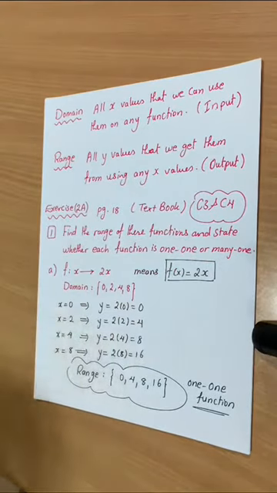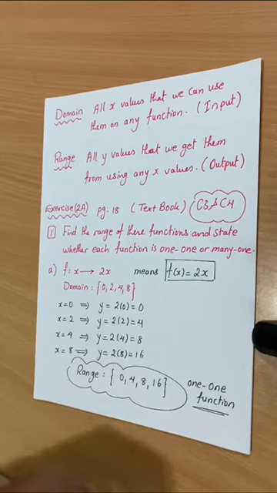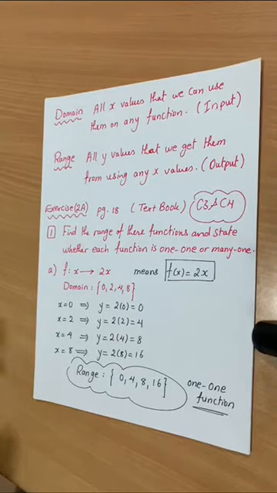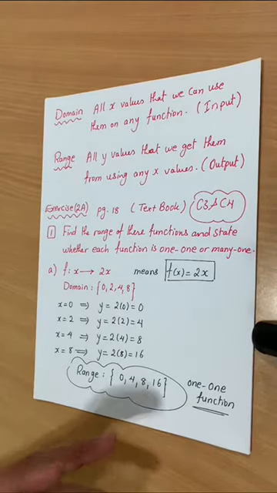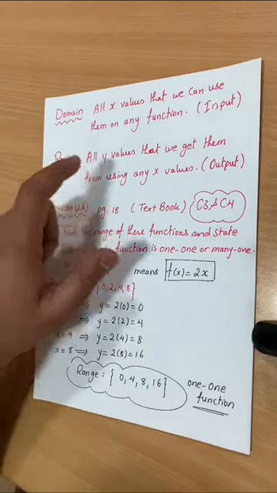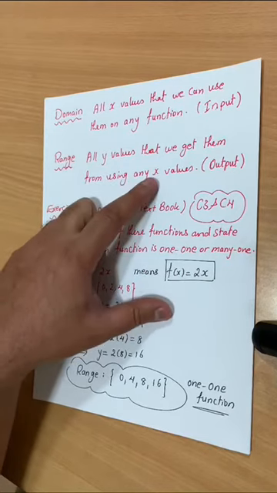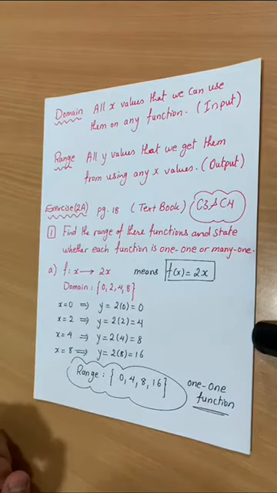Whenever you want to find the y values, you just replace the x value to find y. So x is like input, like you have a machine, and you put in some values to get the corresponding values of y. The range is all the y values that we get from using any x values. We call that output.